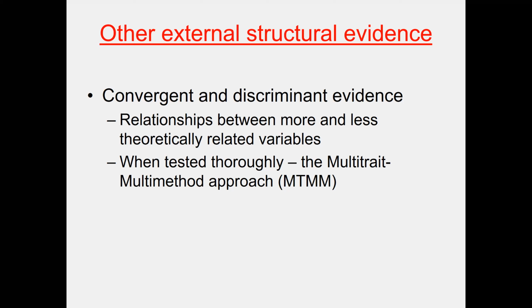Now, for a good discriminant test, you don't want those to be opposite variables. You don't want the variable that you are relating your self-efficacy for teaching disabilities to be something kind of opposite, like anxiety around students with disabilities.